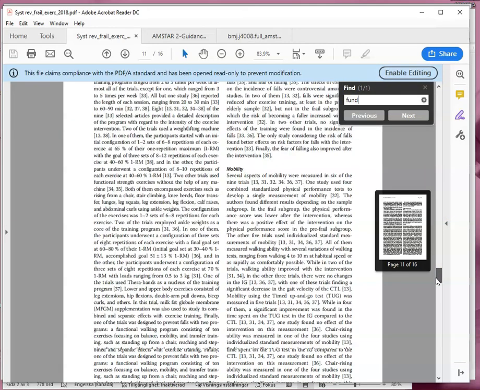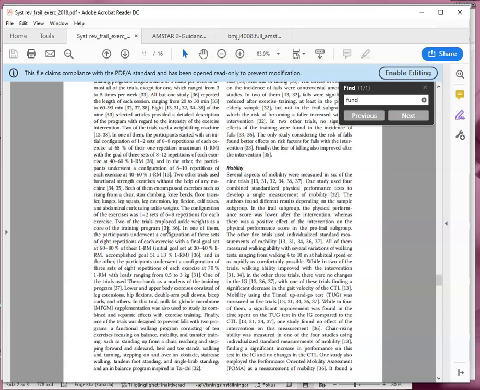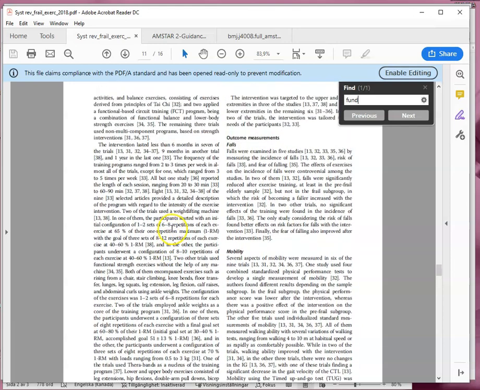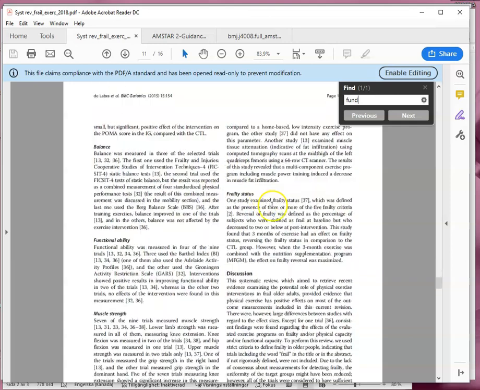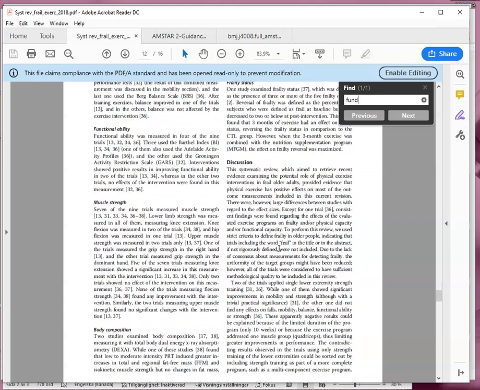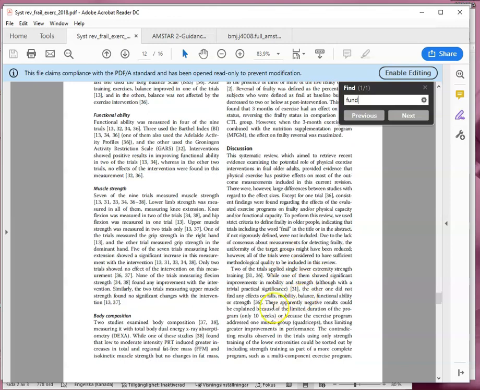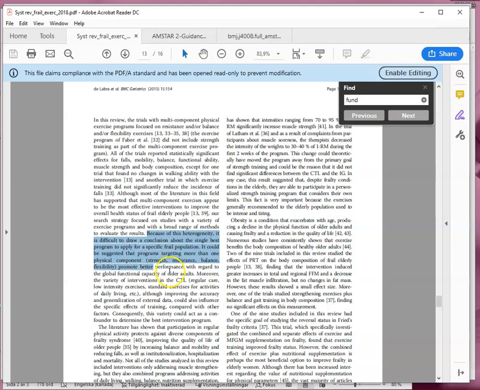To see if they talk about it, or maybe in the results, I just see if they talk about something about risk of bias or the quality. No, not over here. Because of this heterogeneity, it is difficult to draw a conclusion.